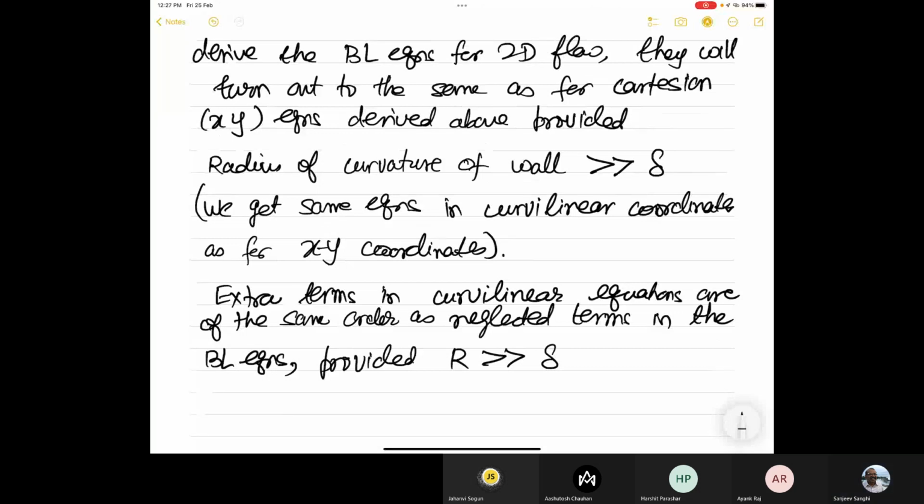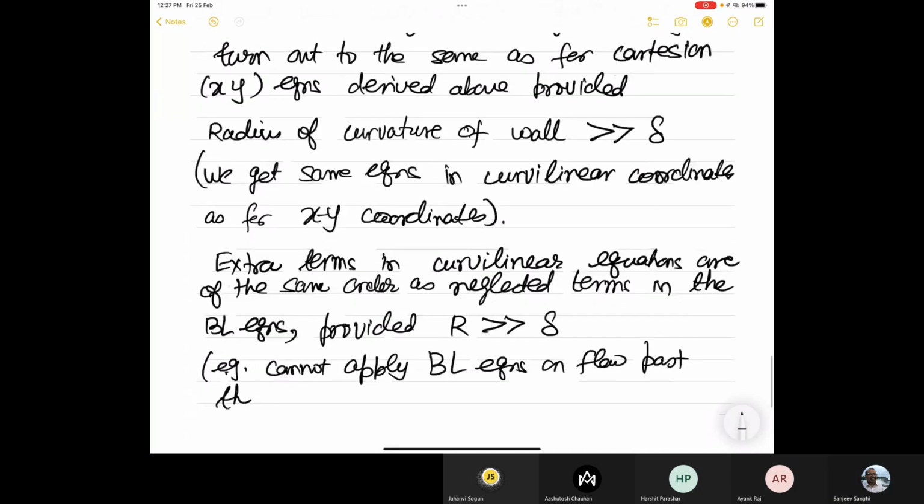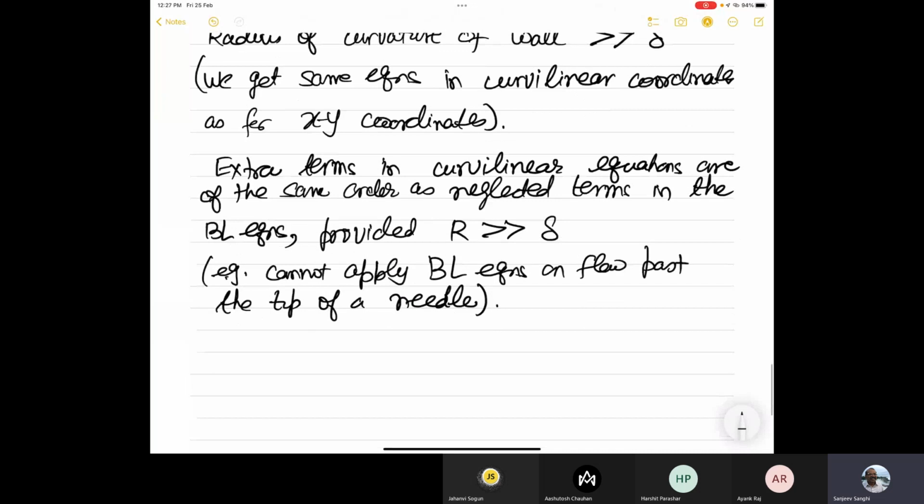And so, for example, we cannot apply boundary layer equations to flow past the tip of a needle, because there the radius of curvature will be very small.